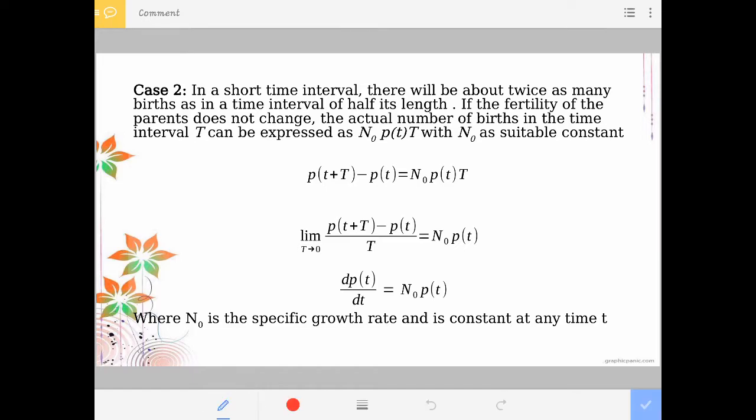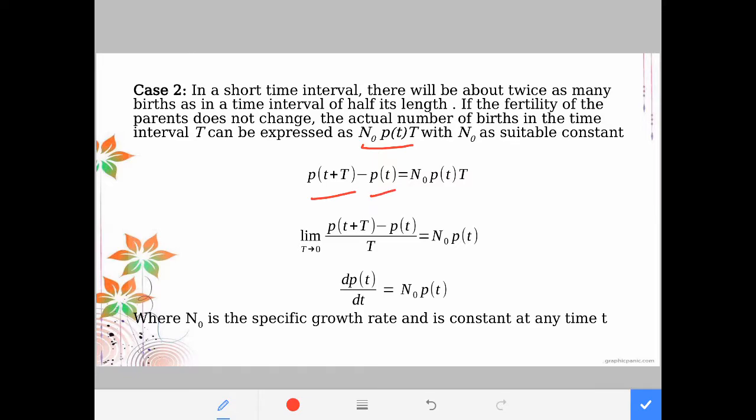So we now have, since the population is varying based on the number of parents, the initial value of the population, which we just write as N0. N0 times P as a function of T times the time interval T. So we can rewrite the change in the population after the time interval and before the time interval.